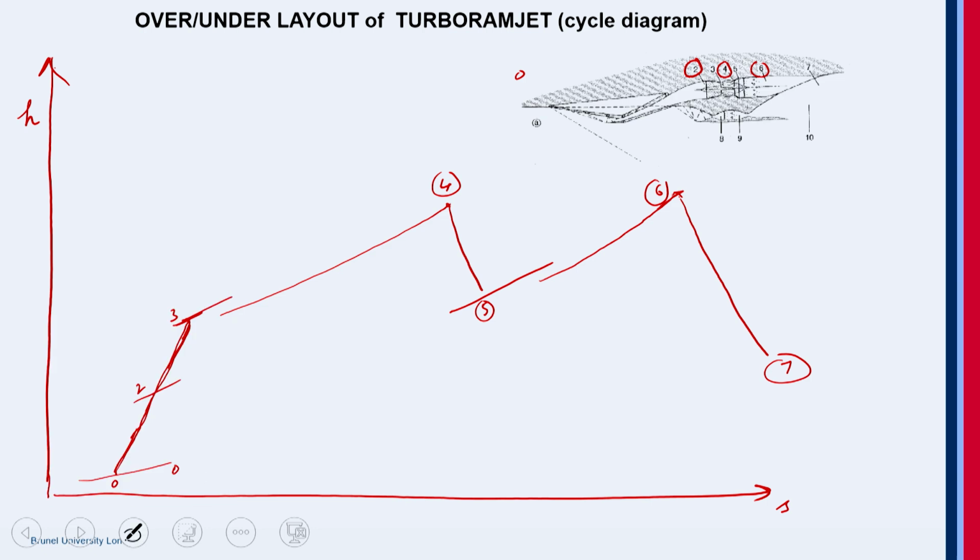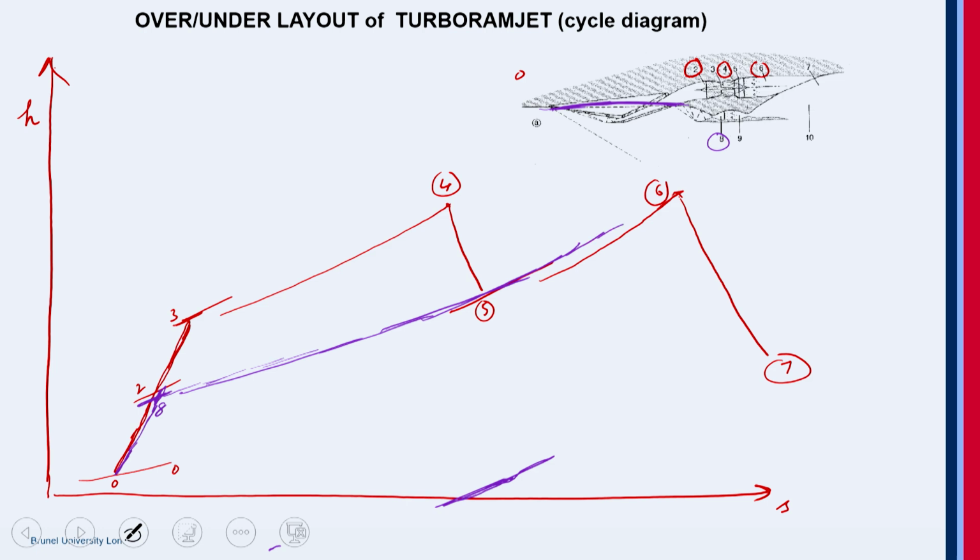Once it has reached this appropriate speed, then the flaps are retracted. Compression goes from 0 to 8, depending on the speed. We don't know the position. The pressure is built up depending on the ramming effect, and then that will be 8, and from 8 to 9 the combustion will be taking place.